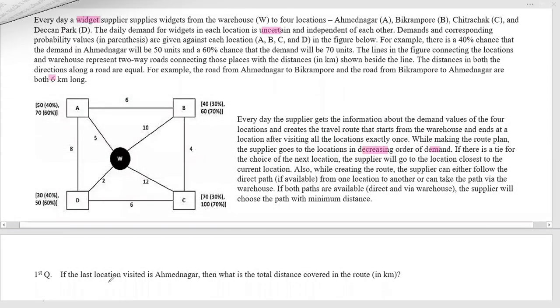Now, let us get the first question. If the last location is Ahmednagar, this one is the last location that has been given, then what is the total distance covered in the route in kilometers? Now, whenever it is the last location, please understand that in between A and D, wherever A is the highest is 70, A is the lowest is 50, the D highest is 50.